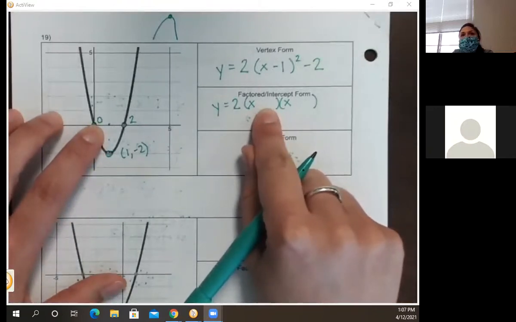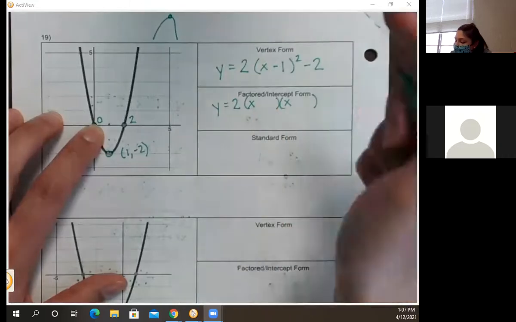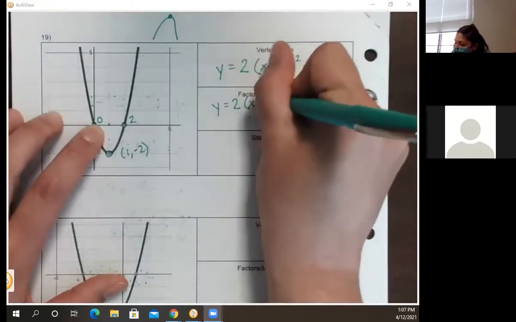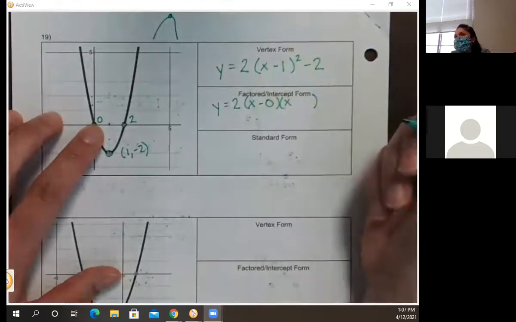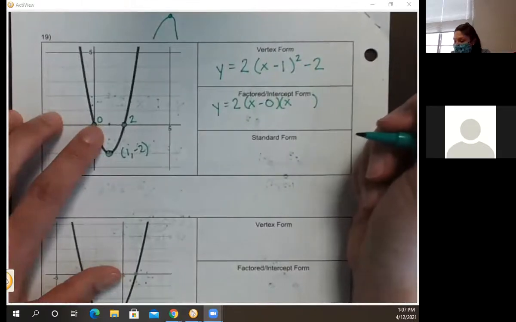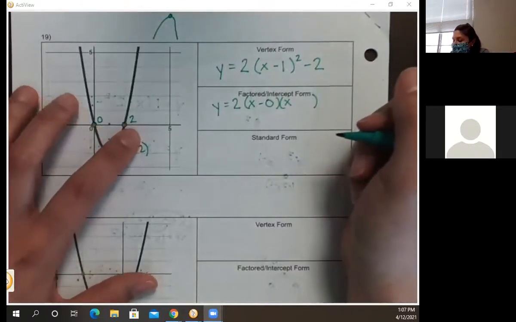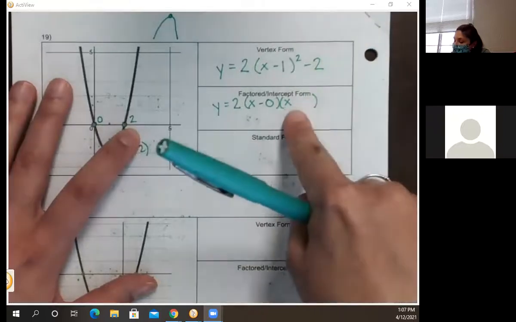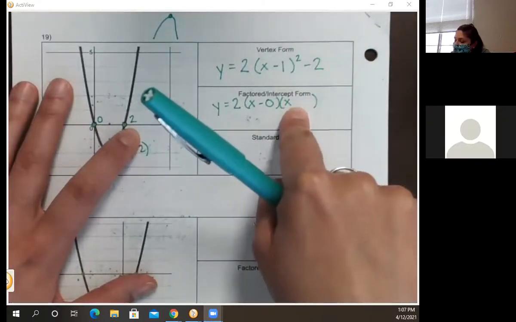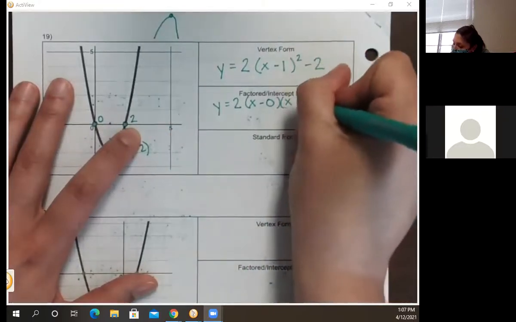So if I have an x-intercept at 0, that means I had to have x minus 0, or this could also be x plus 0. And then if I have an x-intercept at 2, that means I had to have a factor that was x minus 2.